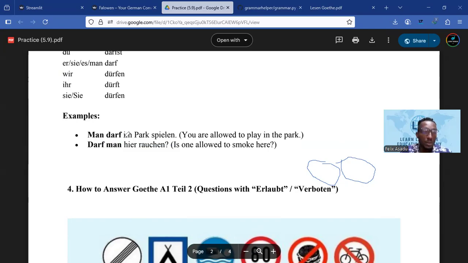Smoking is rauchen. So you want to say that smoking is allowed. How will you say that? Rauchen is allowed. How will you say you may smoke? How will you say you may?